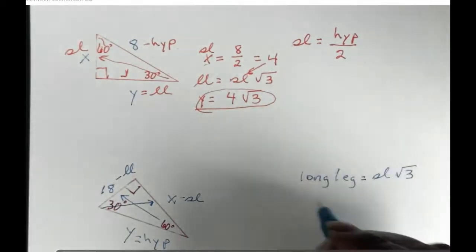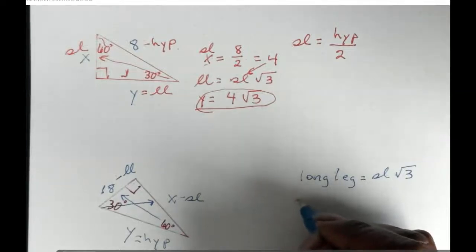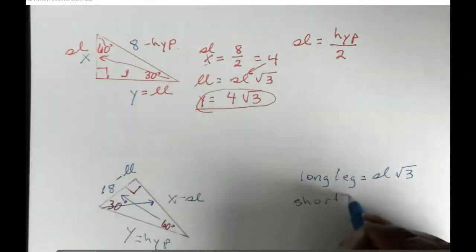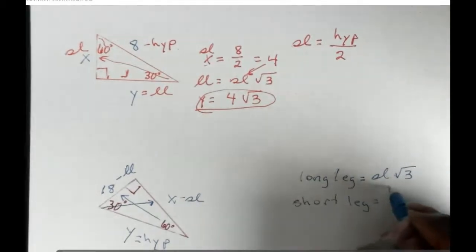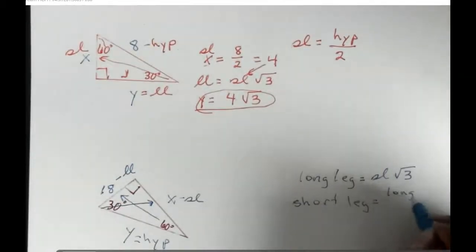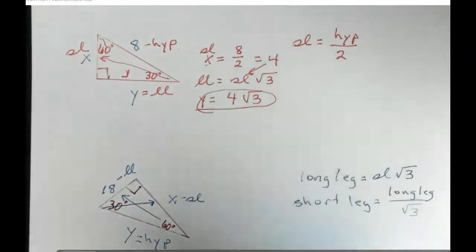Now, if we're looking for the short leg, given the long leg, then we will have to divide. So we'll take the long leg and divide it by the square root of 3. Short leg is equal to the long leg divided by the square root of 3.